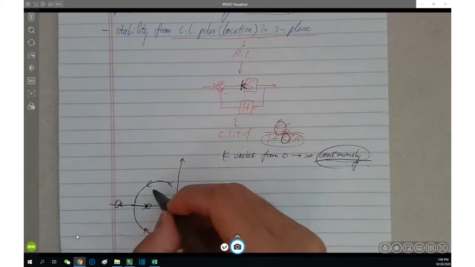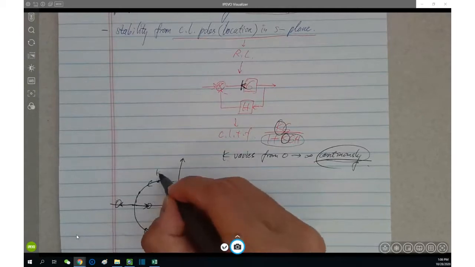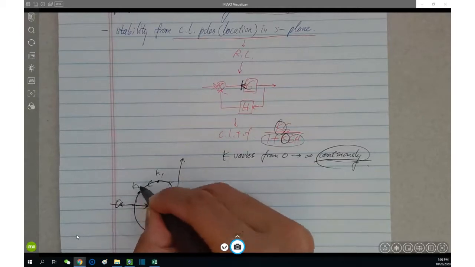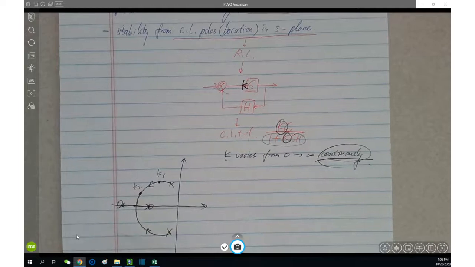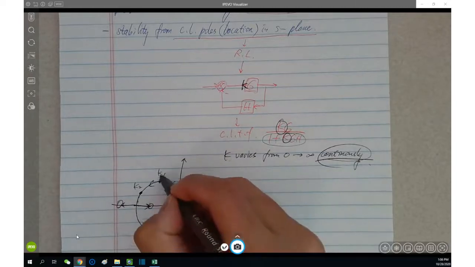At this location, we have different what? Because different locations represent different poles, and different poles are the result of different K values. So they correspond to different K values.